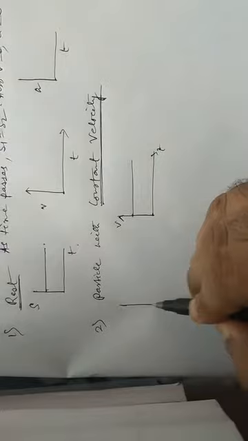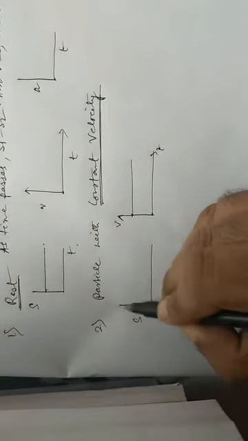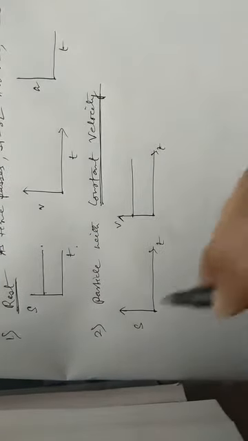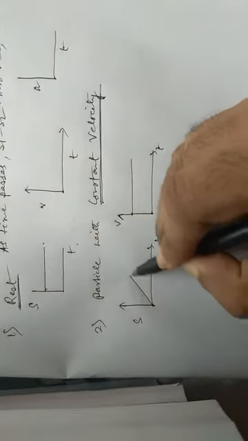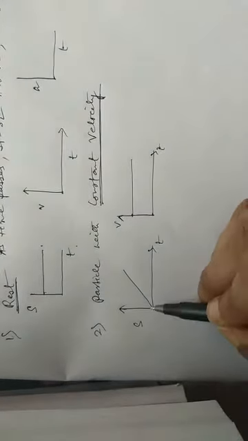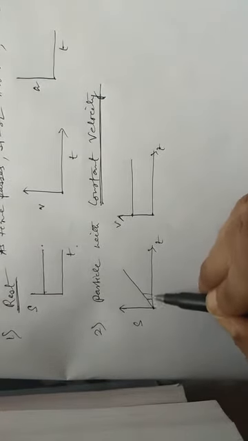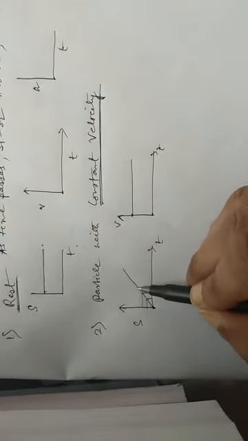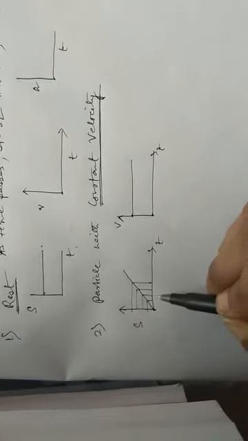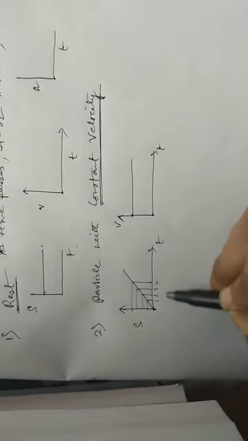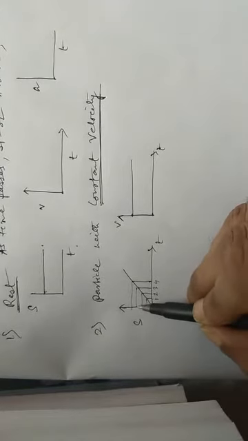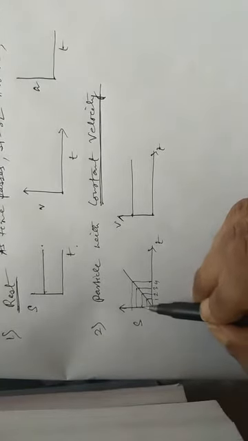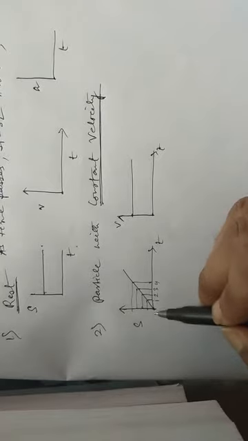The corresponding S versus T graph for this particle will be like this. That means for every interval of time, 1, 2, 3, 4, the displacement made by the particle is equal in magnitude. The gaps here all are equal in magnitude.